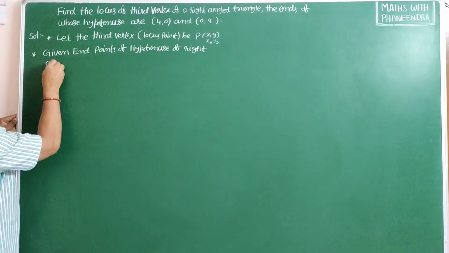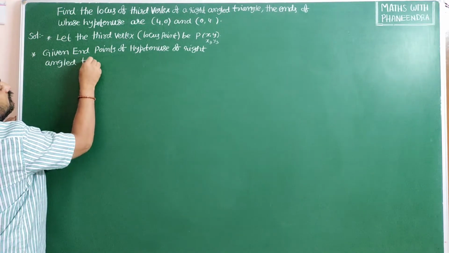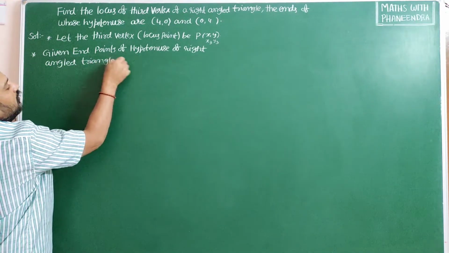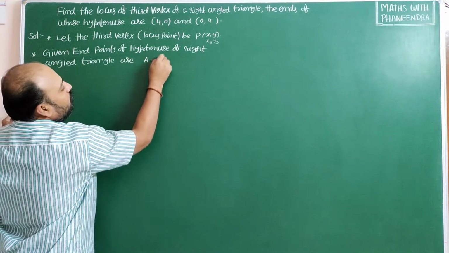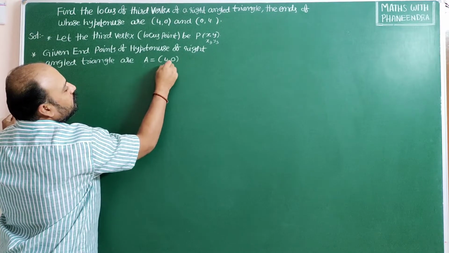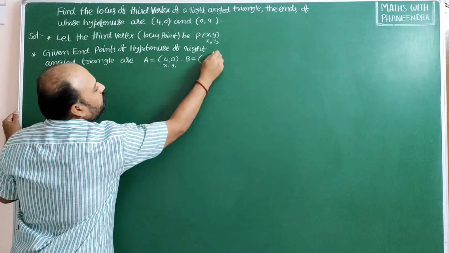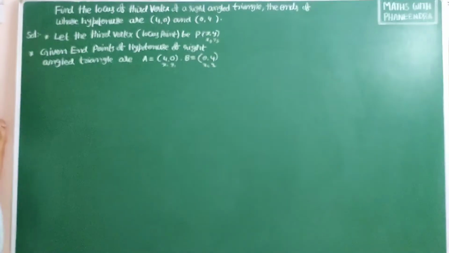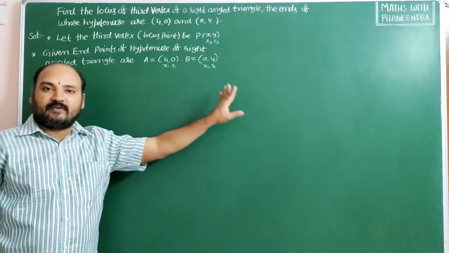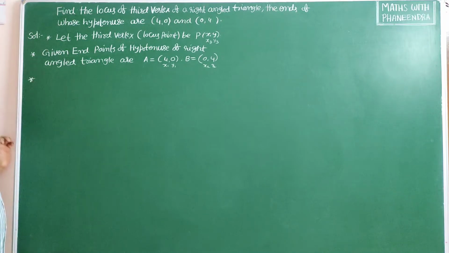A equal to 4 comma 0, B equal to 0 comma 4, with x2, y2 as the A value and B value. Next, we don't know the A value and B value.